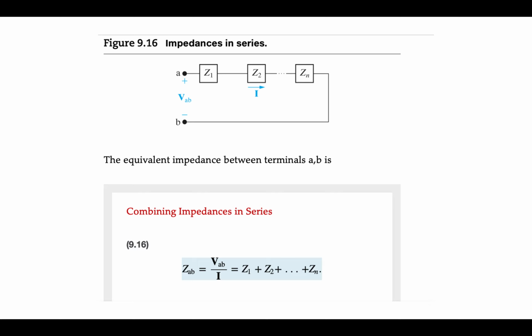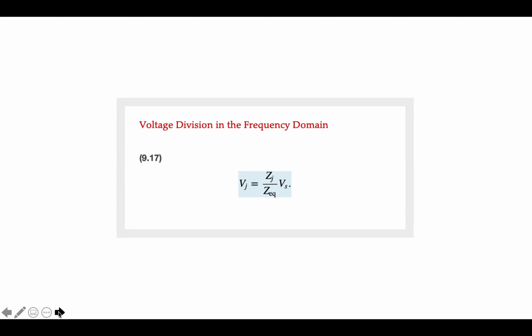Just like in resistance, where we defined 1 over the resistance as the conductance, in impedance we define 1 over the impedance as the admittance, and it's indicated with a Y. Admittances combine like conductances do. Because they're equal to 1 over Z, they have the opposite behavior of an impedance.